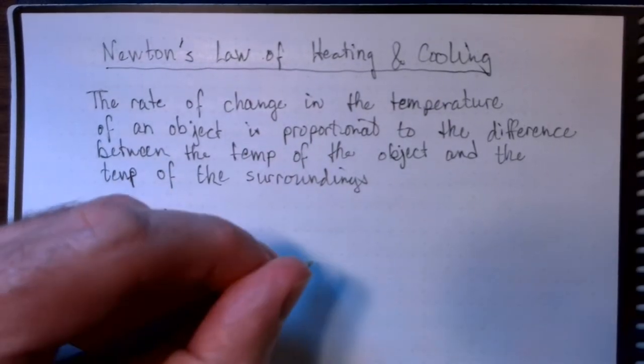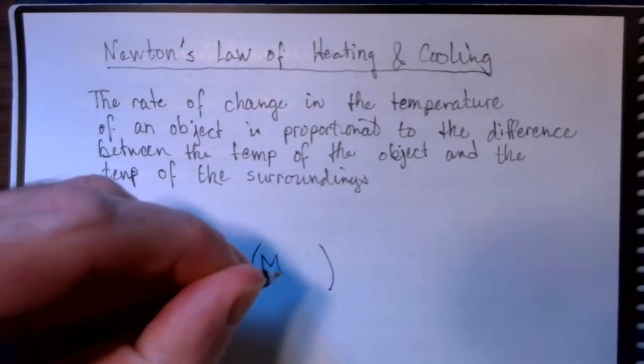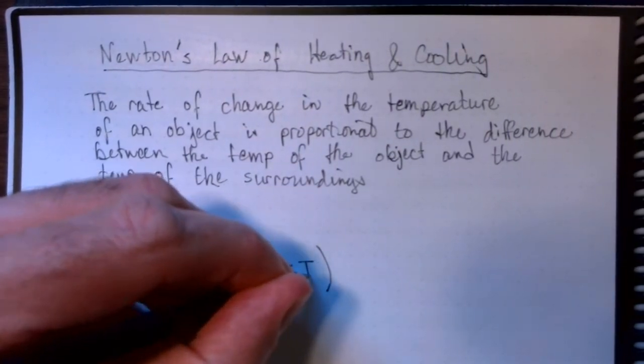Now, I always have to think a little bit about the order here in which I do this. So, if I take a very warm object and put it into a cold surrounding medium, let's say I take a hot cup of coffee and I put it in the refrigerator, we would expect the temperature to decrease. The temperature of the coffee should decrease. So I think I need the order to be like this.